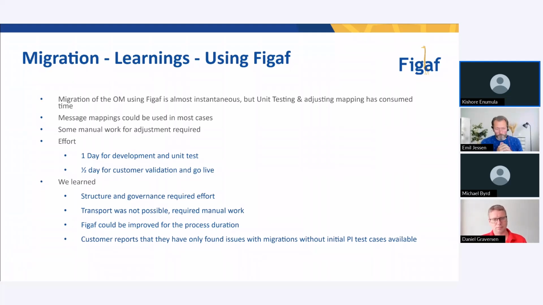The other important thing is that with the existing setup, if you're not using Figaf, transport is a no-go for multiple vendors. If you have thousands of agreements, that's a no-go right now, because it is a manual export and import using files, and it is prone to errors.